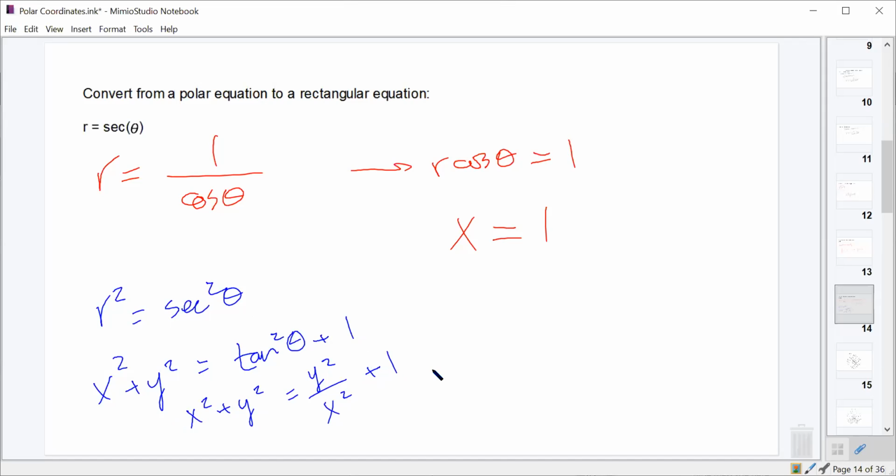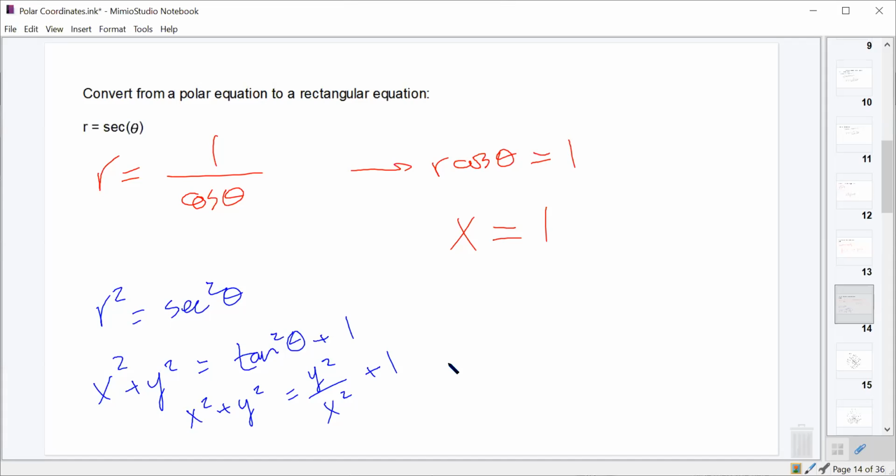Let's see if that's going to work out. Maybe it's not going to work out. Is that going to simplify down? Maybe that won't simplify down so nicely.